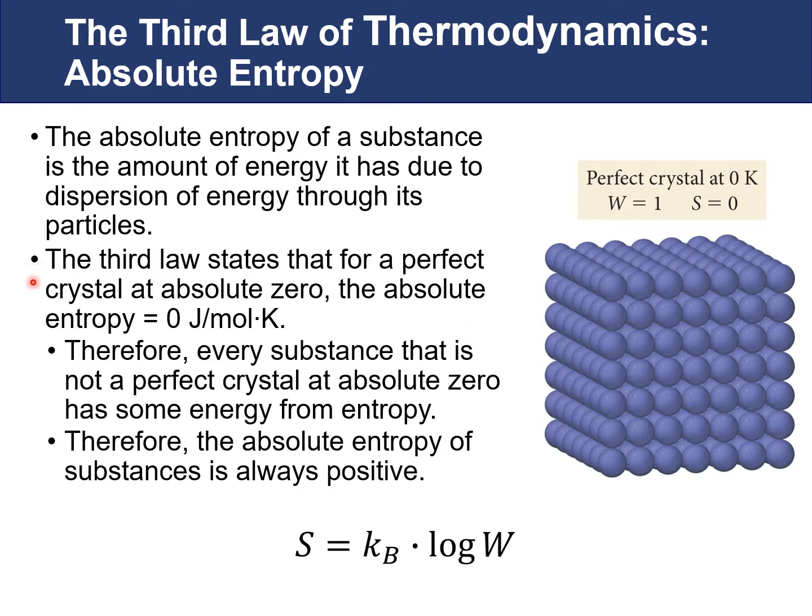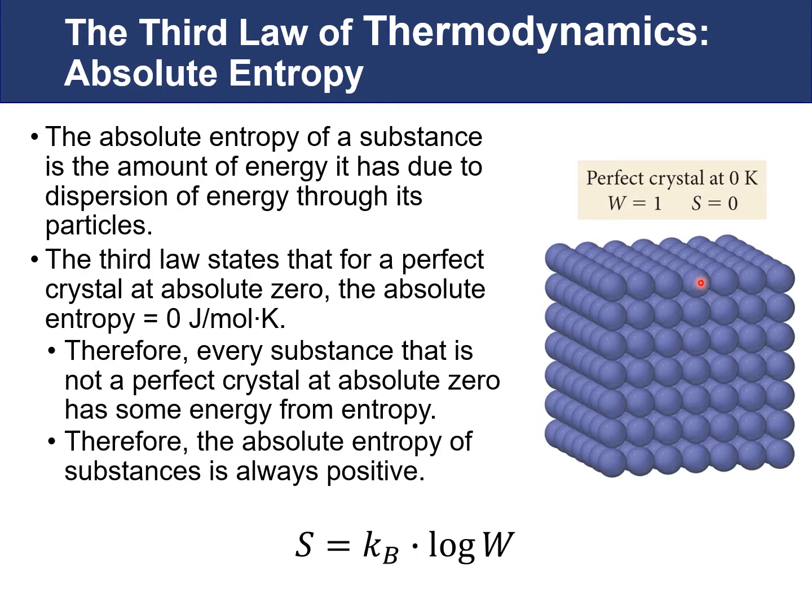The third law states that for a perfect crystal at absolute zero, the absolute entropy is zero. The units we will be using for entropy will be joules per mole Kelvin. Therefore, every substance that is not a perfect crystal at absolute zero will have some energy and some entropy.